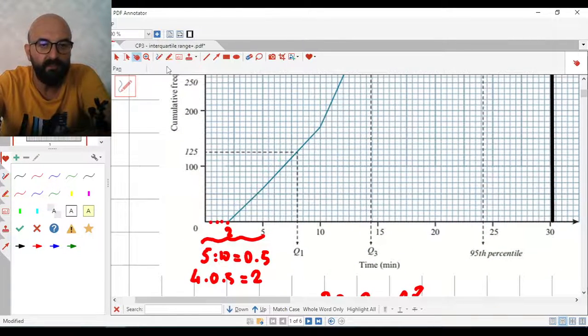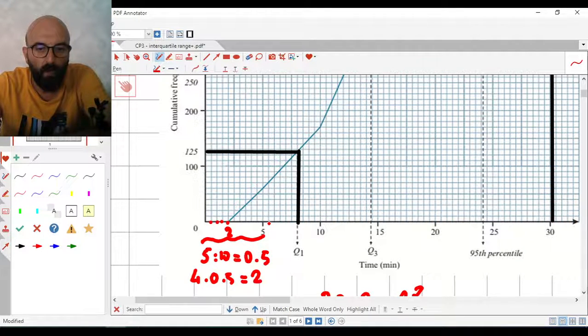The 125th person time is Q1, and please remember each square means 0.5, so it means 1, 2, 3, 4, 5, 6. 6 multiplied by 0.5 is 3, 5 plus 3 is 8.